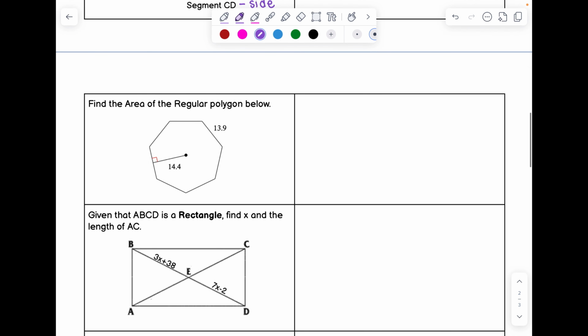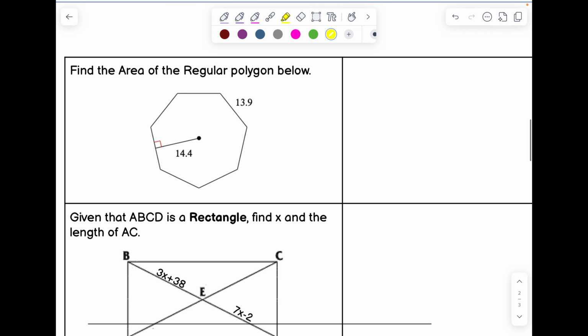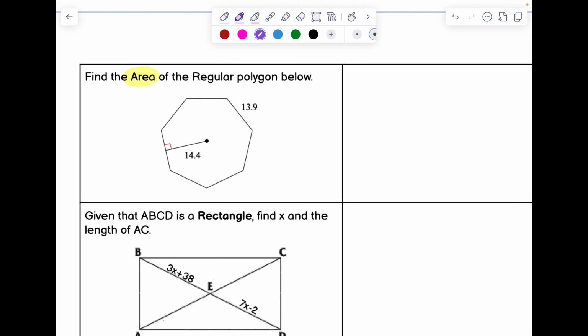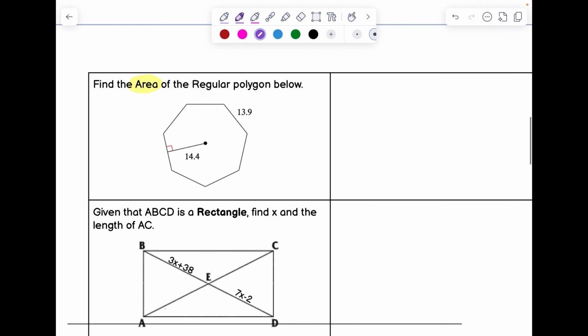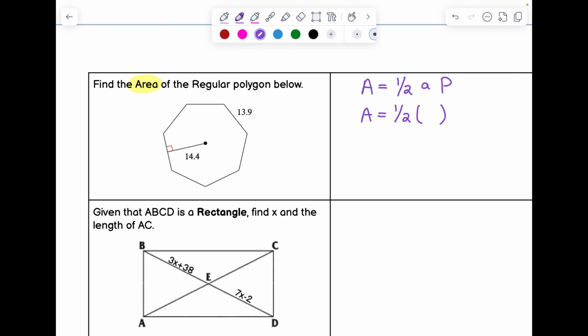Find the area of the regular polygon below. And so, keyword area. Anytime we're finding an area in this class, we're using a formula. Area of a regular polygon is 1/2 apothem times perimeter. Anytime we're using a formula, we are using parentheses to plug into our formula. So the apothem is 14.4.